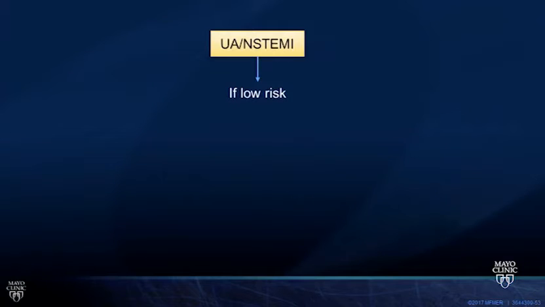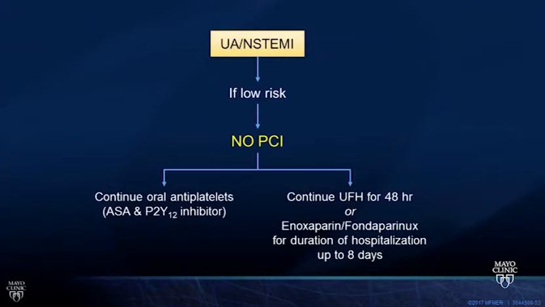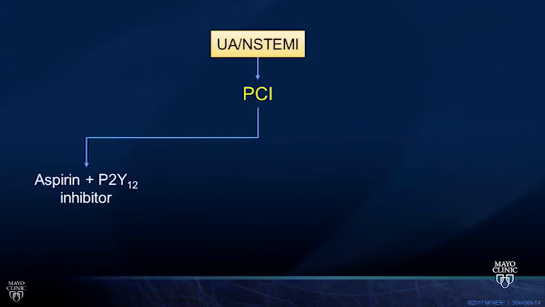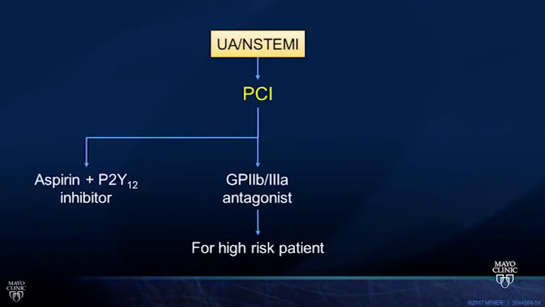So, if you have a patient who's low risk and somehow we've determined no PCI, we would continue dual antiplatelet therapy, ideally for a year. We would continue unfractionated heparin for 48 hours, or enoxaparin or fondaparinux for the duration of the hospitalization. If we go with PCI, again, they'll require dual antiplatelet therapy.